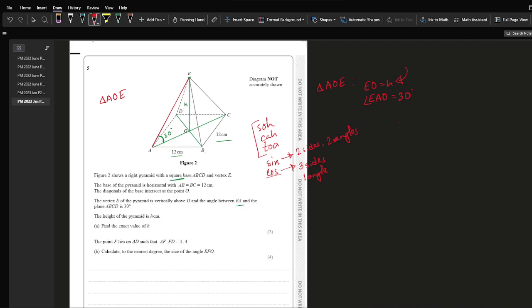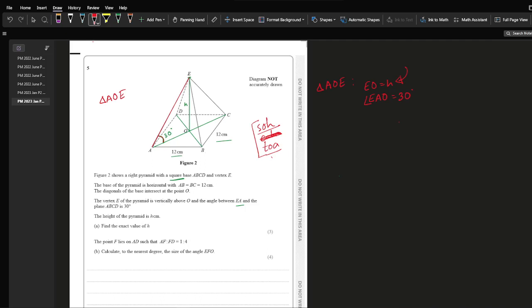Since we already have a right angle triangle, we don't have to go into sine rule and cosine rule. Now with SOHCAHTOA, since we have the opposite side, either SO or TOA, so cosine is eliminated, and we have either sine or tangent.